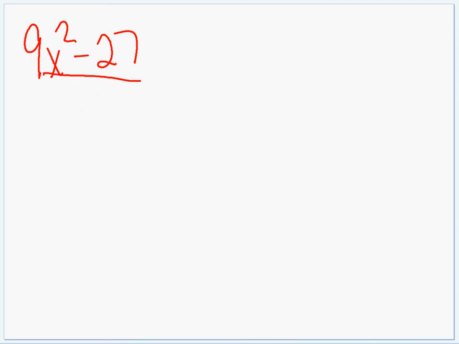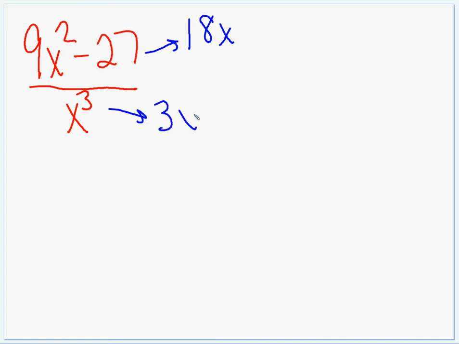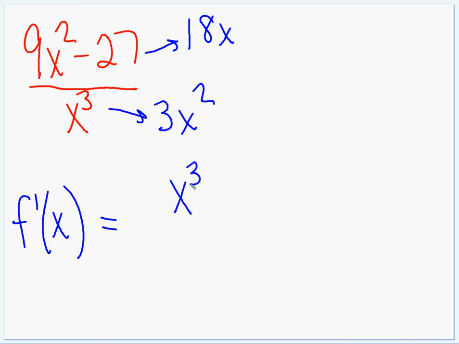So we're going to do a little quotient rule. What's our d high? 18x. What's our d low? 3x squared. So our derivative, f prime, remember the quotient rule starts with low d high, so here's our low, x cubed, and we're going to multiply that by 18x. So there's low d high minus high d low.